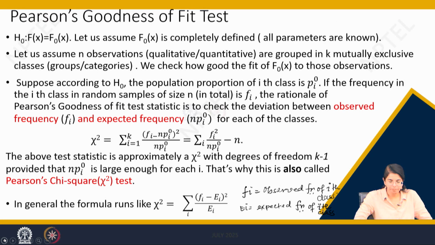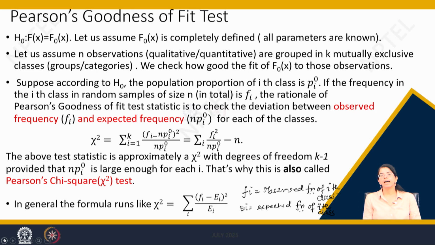Let us assume F0(x) is completely defined, that is, all parameters are known. Let us assume n observations, qualitative or quantitative, are grouped in k mutually exclusive classes, groups or categories. We check how good the fit of F0(x) is to those observations. That is called goodness of fit.